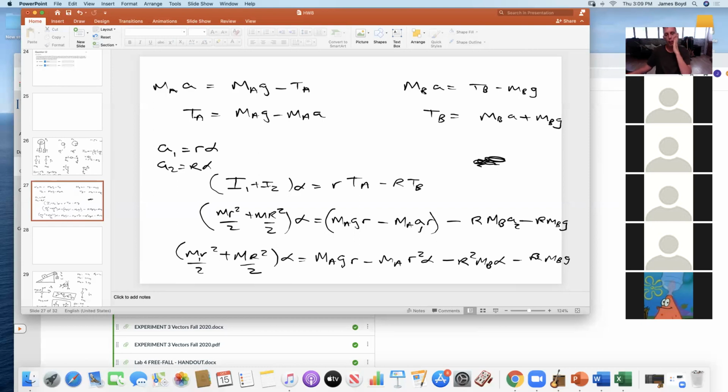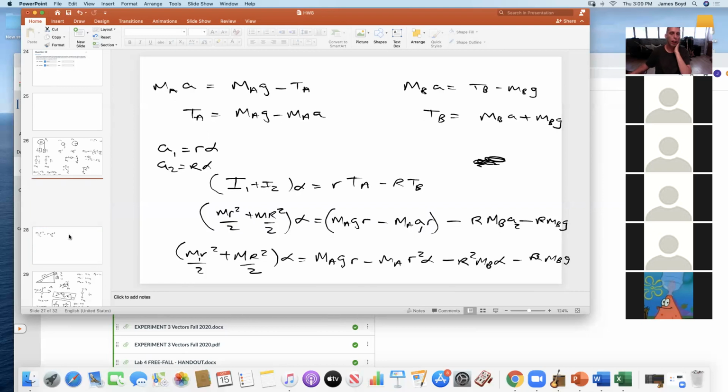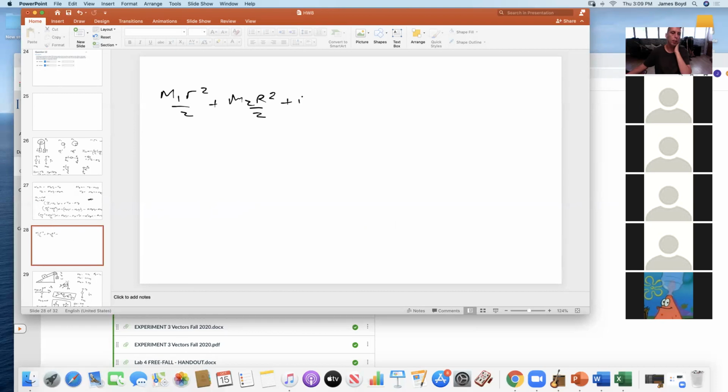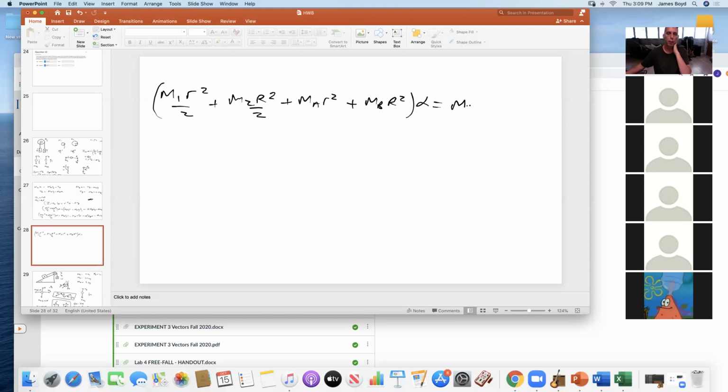And then you can move everything over together. And when we do that, we get m1 little r squared over 2 plus m2 big R squared over 2 plus MA little r squared plus MB big R squared, all times alpha is equal to MAG little r minus MBG big R.